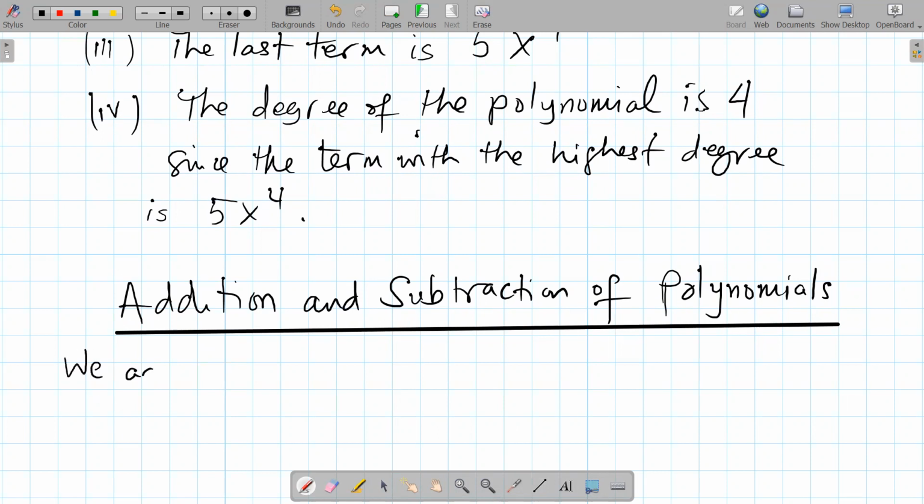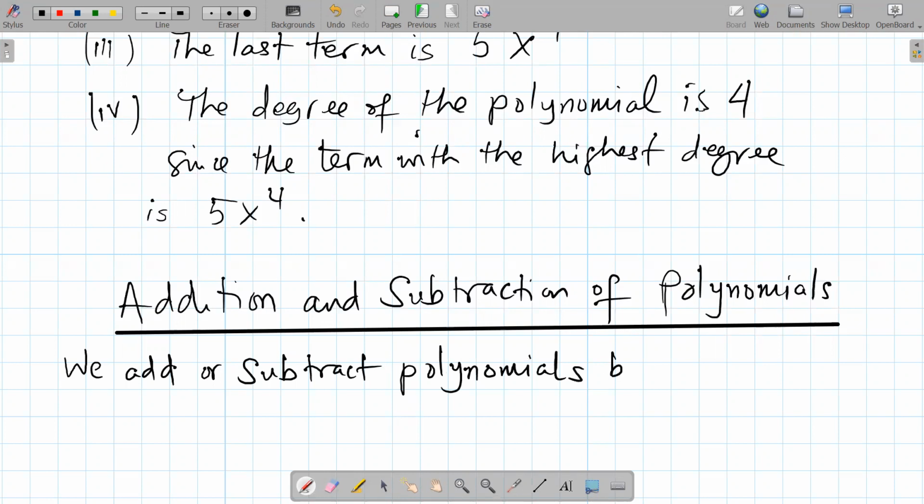So we add or subtract polynomials by applying like terms. So what is a like term?